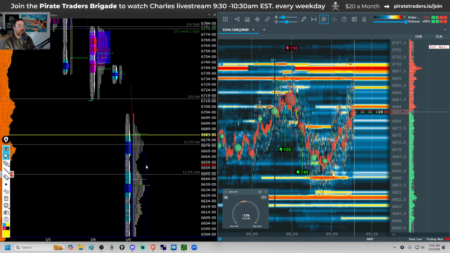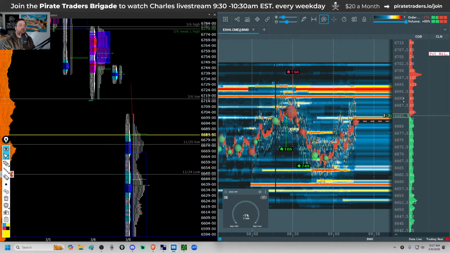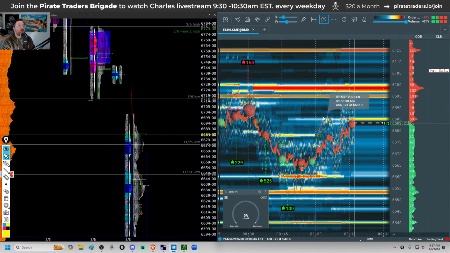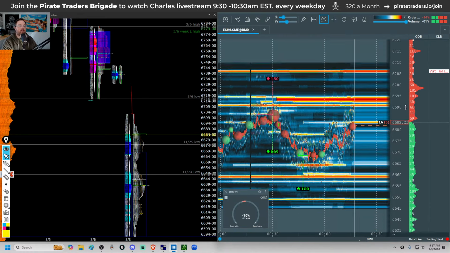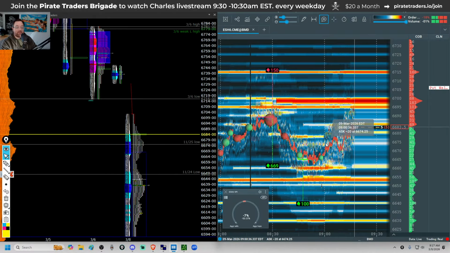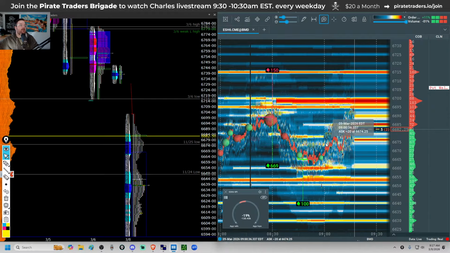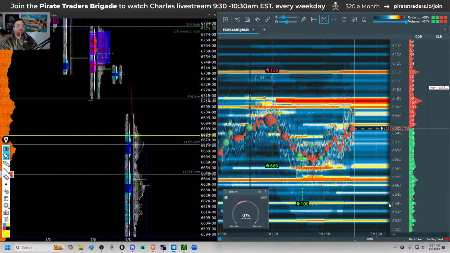The more volume it brings in, the more likely it is to keep moving in that direction. Whereas the less time and the less volume, the more likely it is to reverse and come back. So I won't know why the volume is suddenly changing. Maybe it'll be something to do with the news. Maybe it'll be something to do with the prices of oil or the prices of gold or the prices of some other asset. It absolutely could be that that's what causes the ES to change. I will know because I will see the volume tapering off and we're spending less and less time. That's when I'll know we're ready to change.